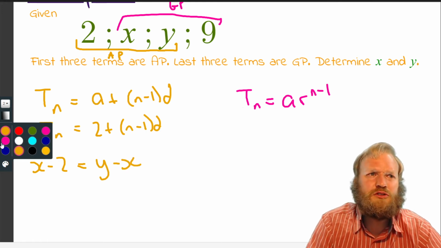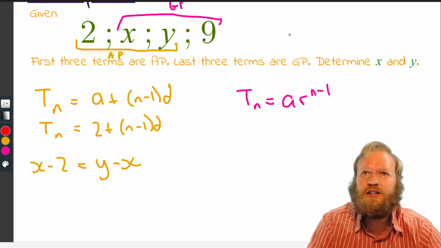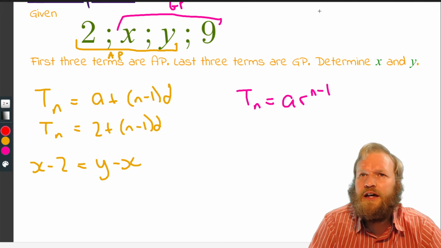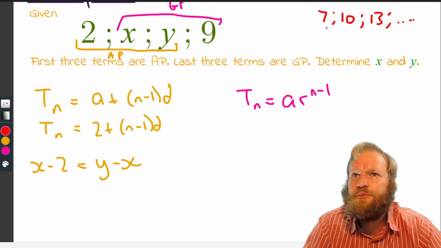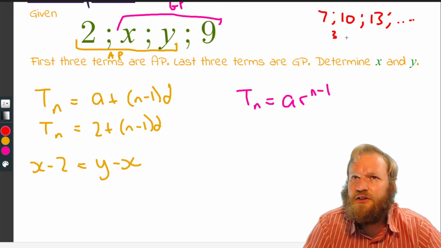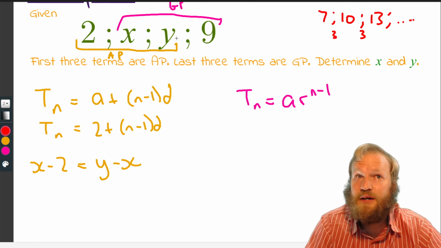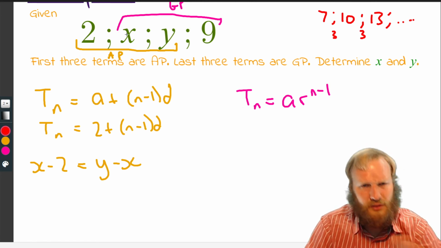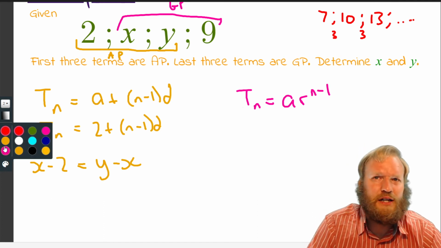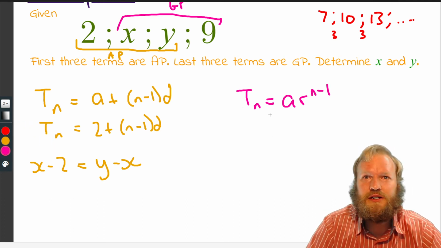Let me just throw another one up here in the corner in case we need it. As an example, if I had 7, 10, 13, etc. Look, 10 minus 7 is 3, 13 minus 10 is 3. X minus 2 is the same as y minus x. Feeling okay? Cool.